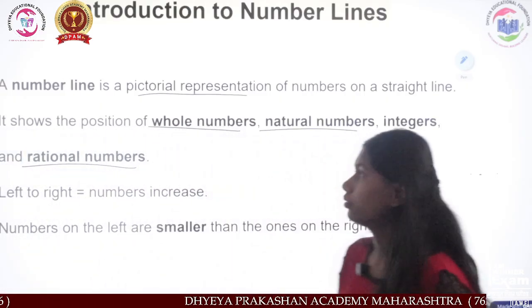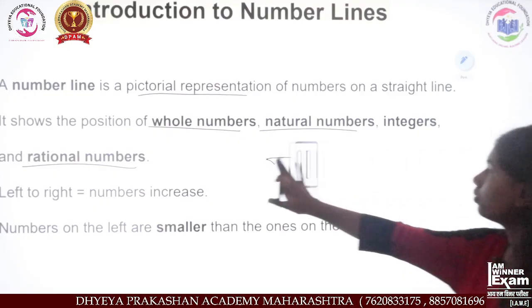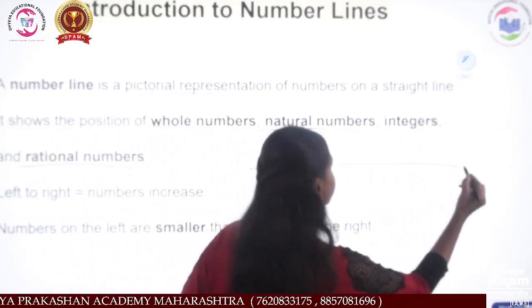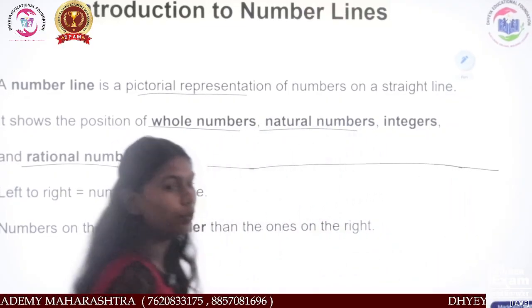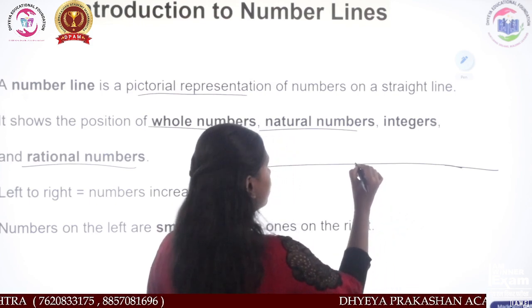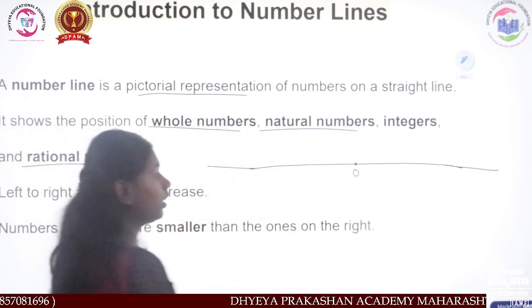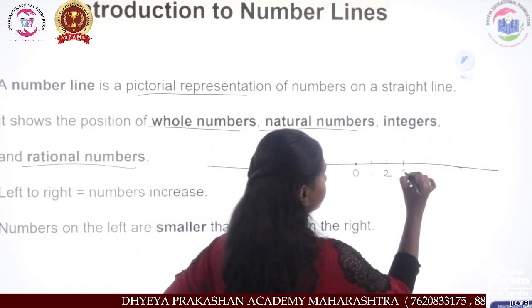Now, suppose I will draw one number line. Now this is the number line. Starting in the middle, it is always 0 in the middle. Then on the right side, all the positive numbers.